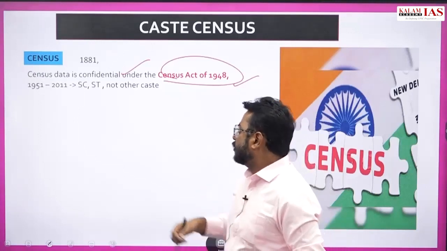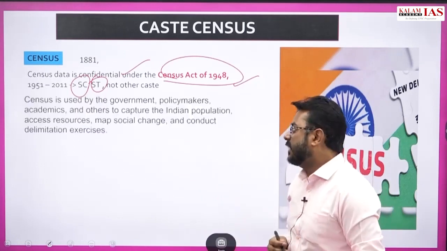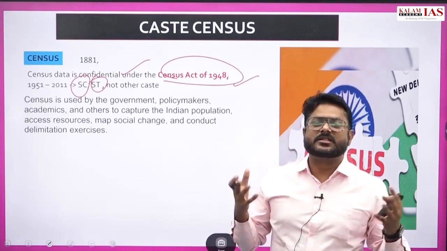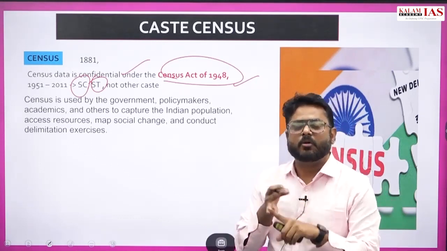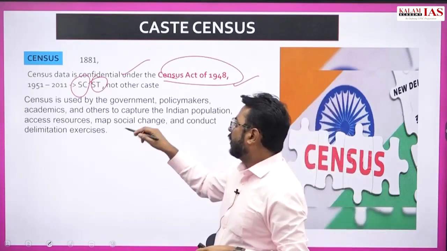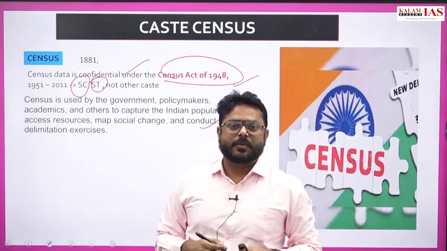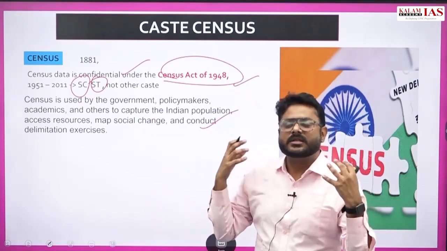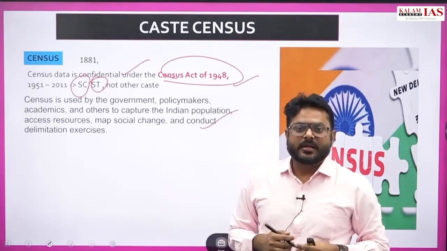So only scheduled caste and scheduled tribes population census data has been collected, and you already know how useful this census is. Census is used for making any government policy, any government programs, right, or if you have to utilize your resources, for demography, human resource development, right.